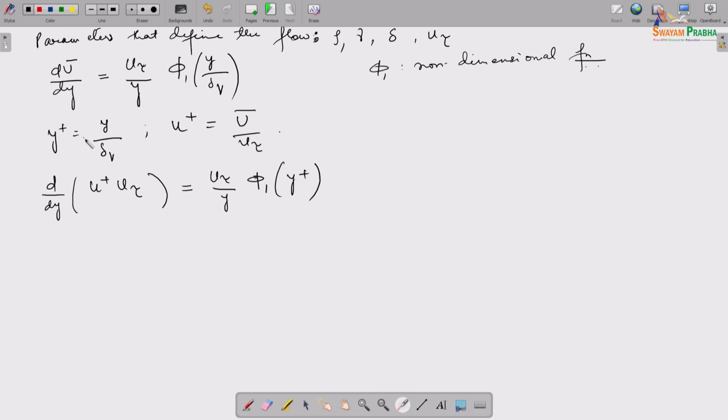This is essentially from here. I replace y by y plus, which is what I get here. Then we just take the derivative.